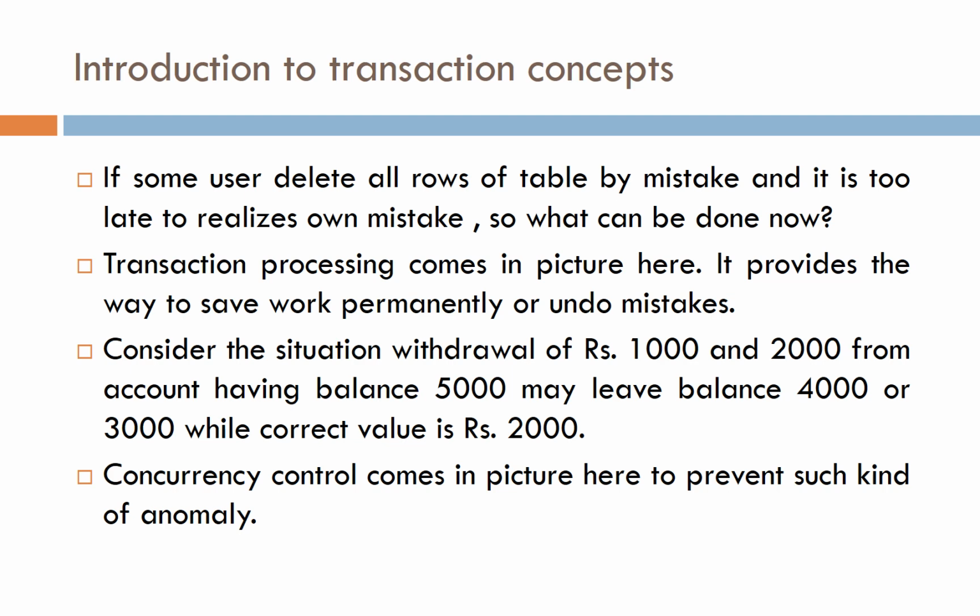So it creates a problem and the answer 2000 is not correct here. So to prevent this kind of situation, concurrency control is used to prevent such kinds of anomalies, or we can say problems.